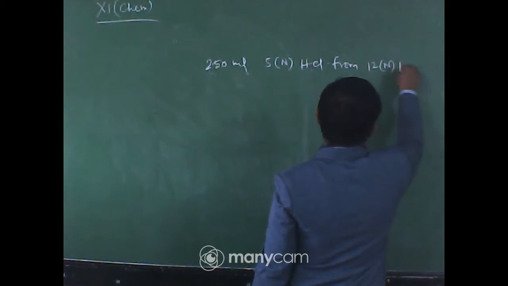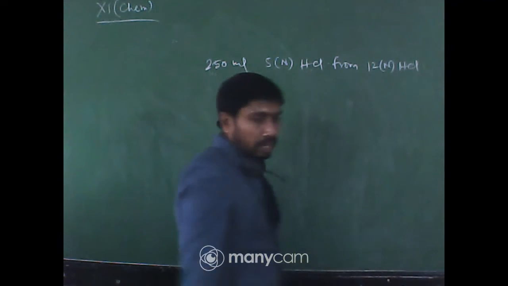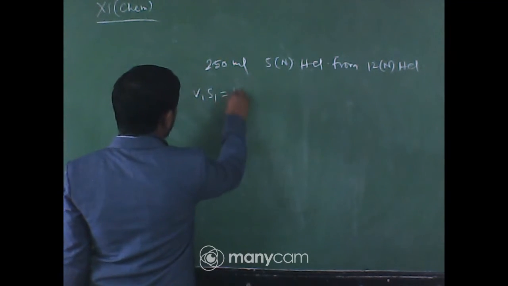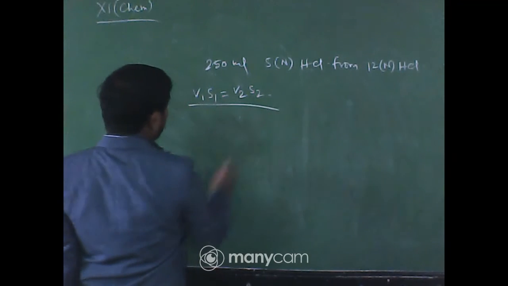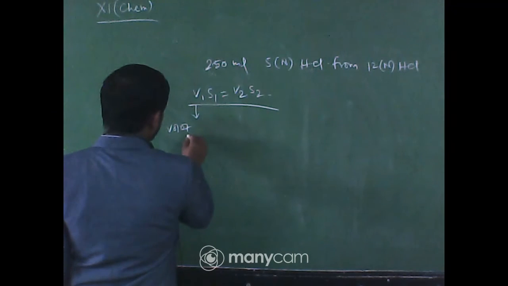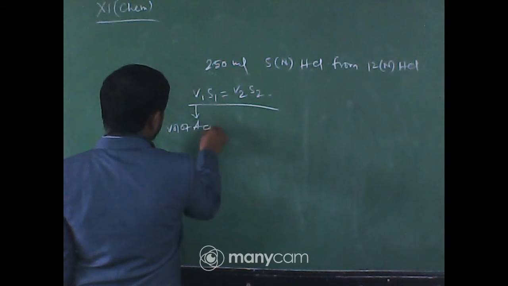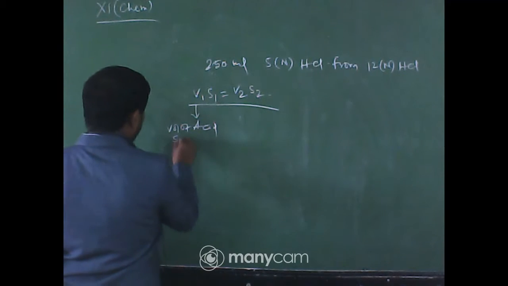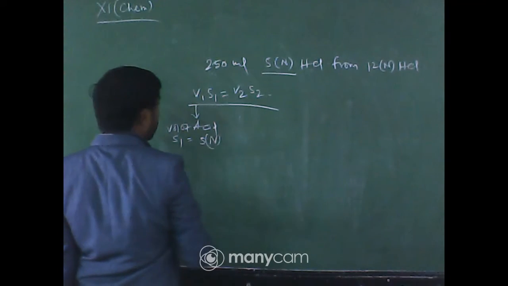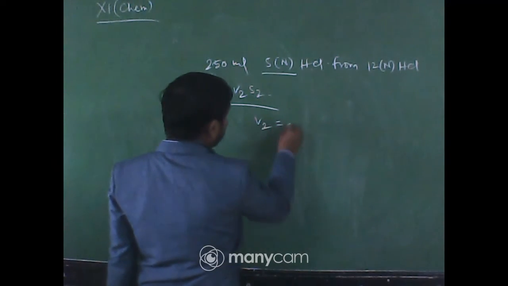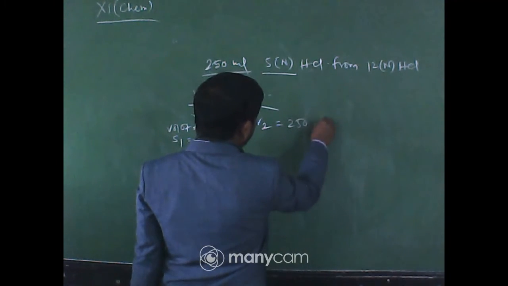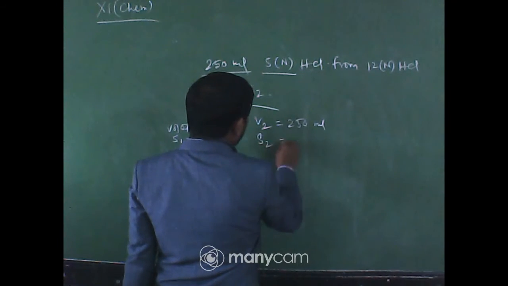There is a rule: V1S1 equals V2S2. Suppose V1 is the volume of acid to be taken, S1 is 5 normal, V2 is 250 ml and S2 is 12 normal.